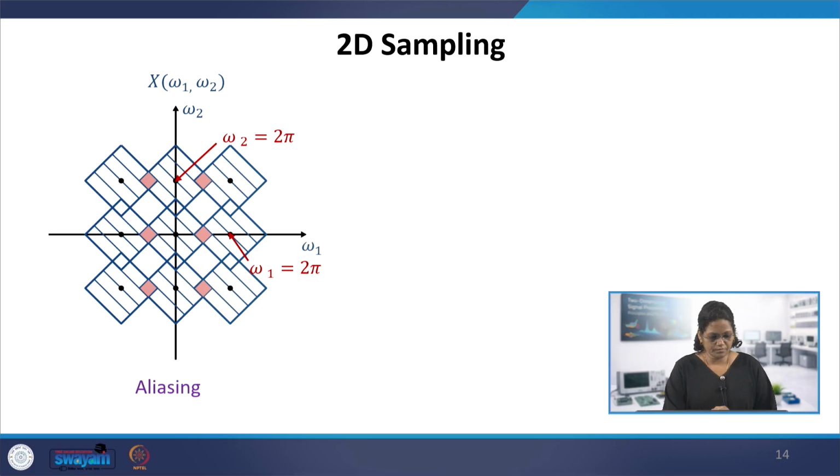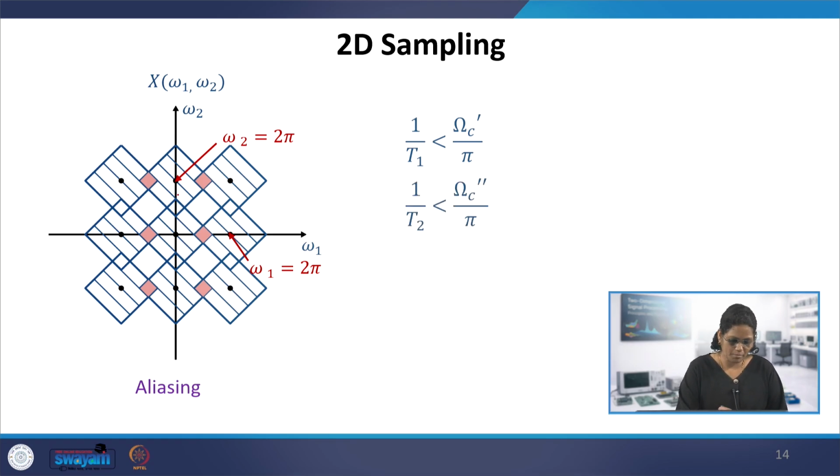Now take the case where the sampling frequency is less than omega c dash by pi, that is, under sampling. We did not follow the condition that the sampling frequency should be 2 times the maximum frequency; the sampling frequency is less than that in both cases. Then what happens? You can visualize here, this is the baseband, and the aliased components are overlapping, which can be observed especially in these colored portions.